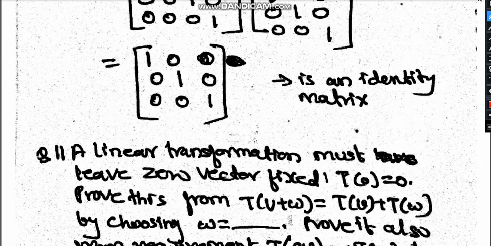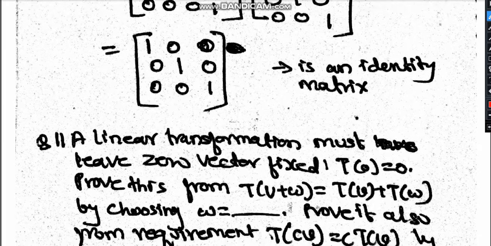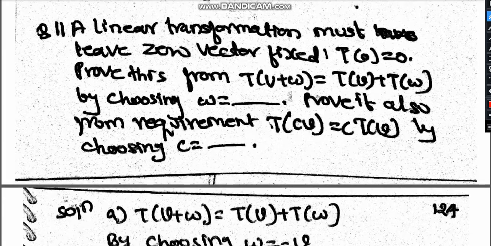Next, moving on to the next problem. A linear transformation must leave the zero vector fixed, so the zero vector has to be zero itself. And what else is asked? This is zero, and we have to prove it from this: P of V plus W equals P of V plus P of W, that is, the transformation applied separately.